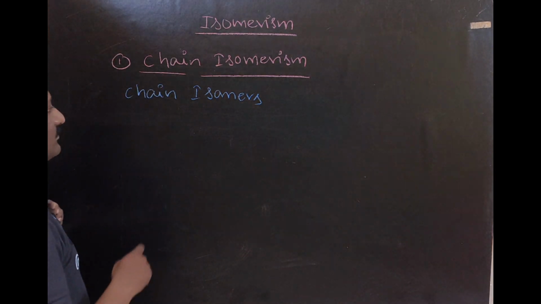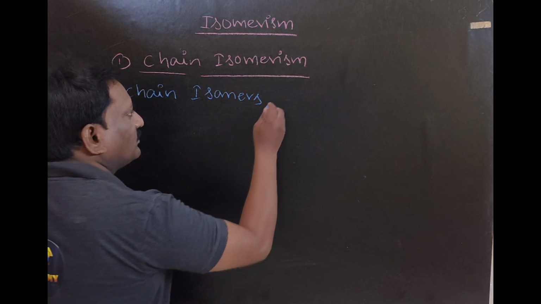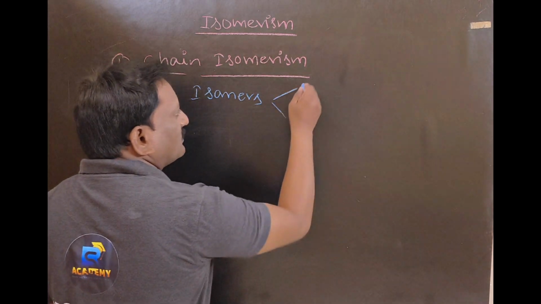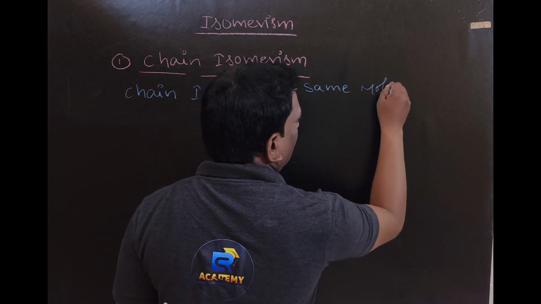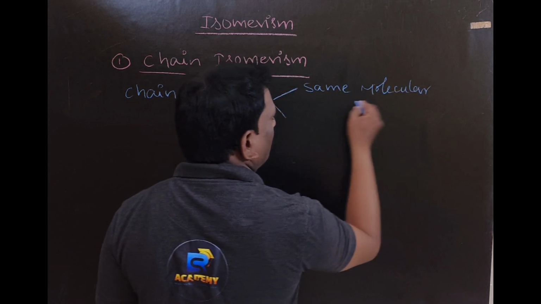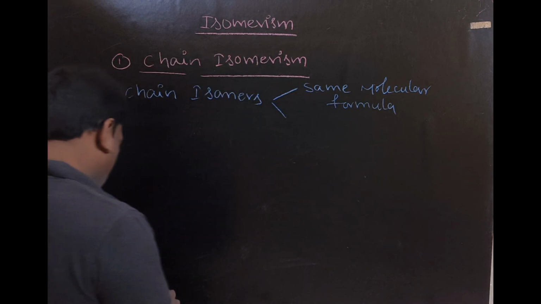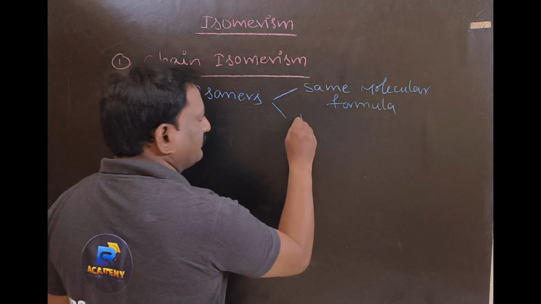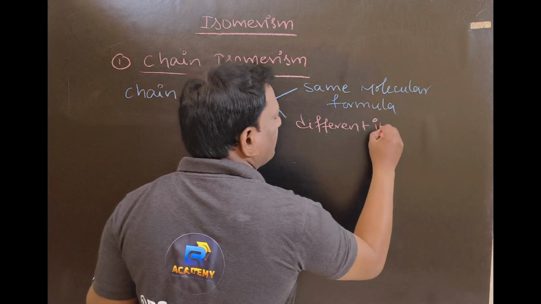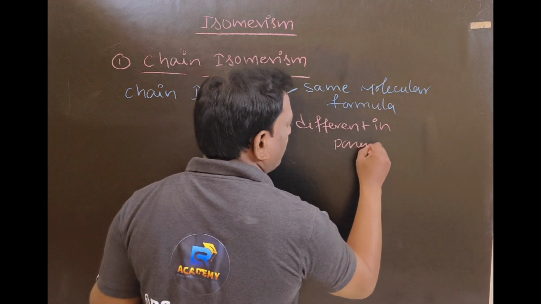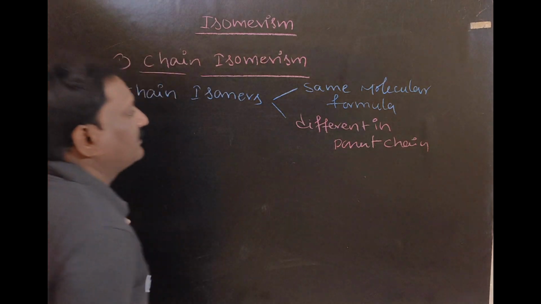Chain isomers means those organic compounds having same molecular formula and different parent chain.